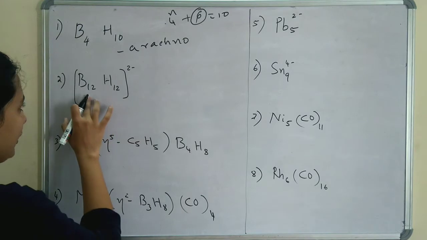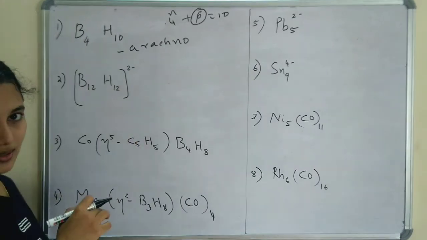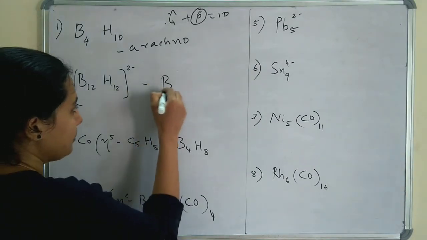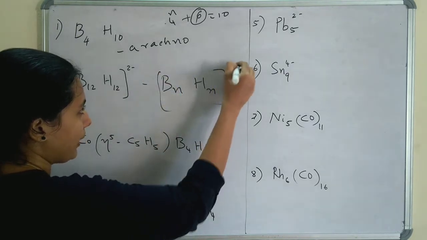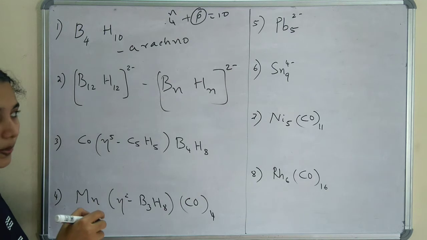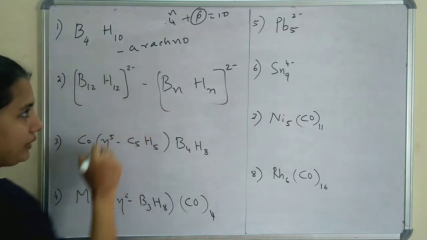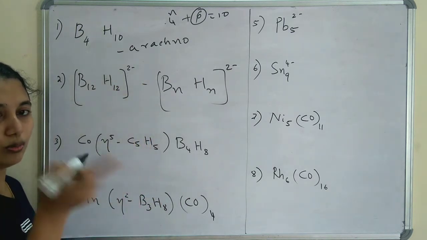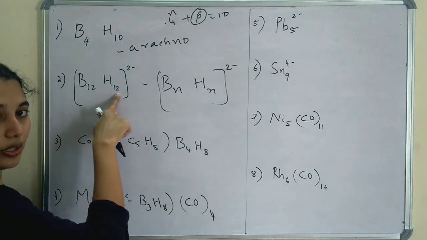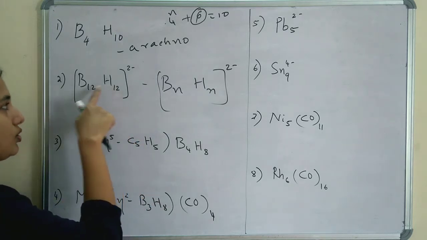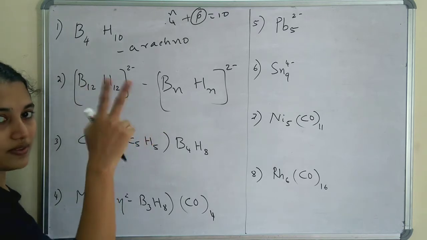Now coming to B12H12 2-. We already said BnHn 2- is Closo. How? Here 2- means 2 more electrons are added, and one hydrogen gives one electron, so 2 hydrogens are added. H12 becomes H14, so 12 plus 2 gives 14.